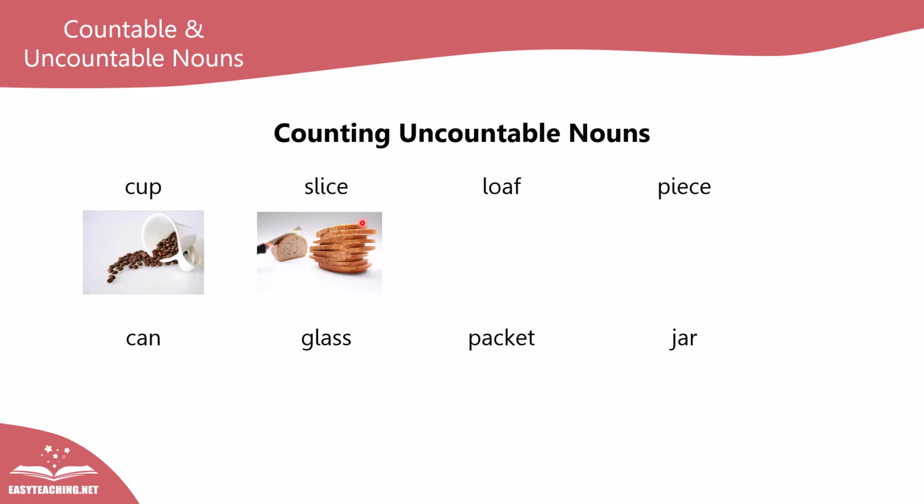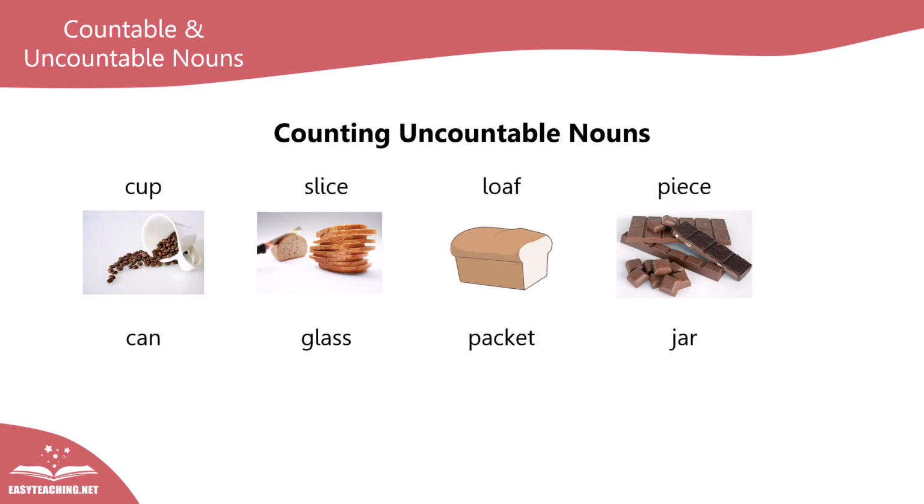For example, a slice of bread, or a slice of pizza, a slice of cake. Slices are usually cut with a knife. Loaf. A loaf is a whole bread before it is cut. Piece. A piece is a part of something. For example, a piece of chocolate. You can break or cut it with your hands.